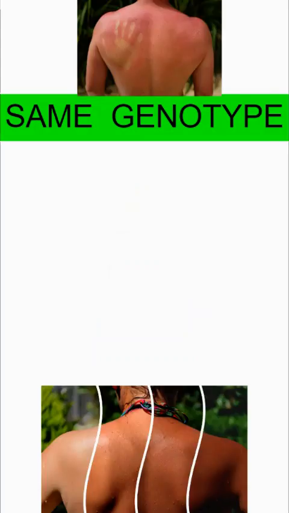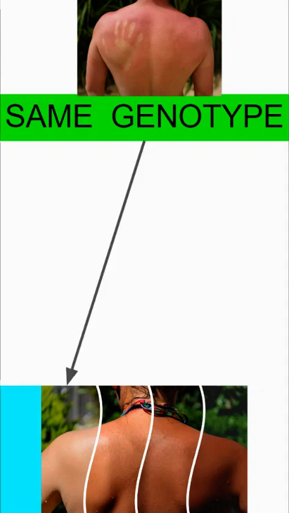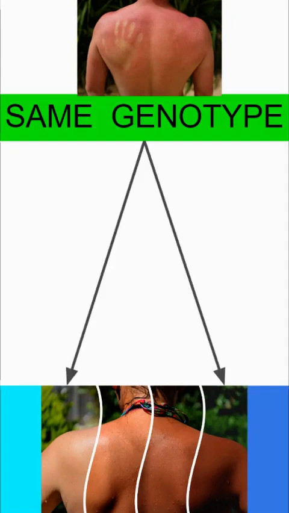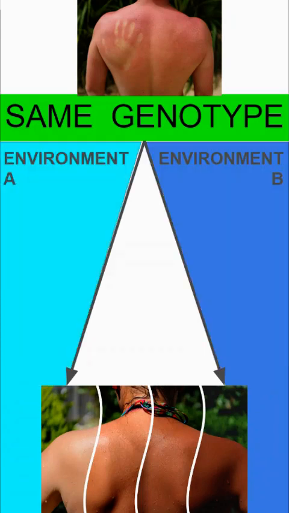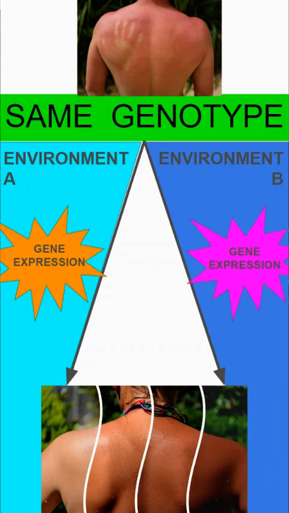A classic example is tanning. UV exposure is going to cause different hormones to be released, and it's that damage that's going to have melanocytes ultimately create more melanin. So again, it's an environmental exposure, the UV radiation, which is going to trigger certain genes to be expressed to make more or less pigment.